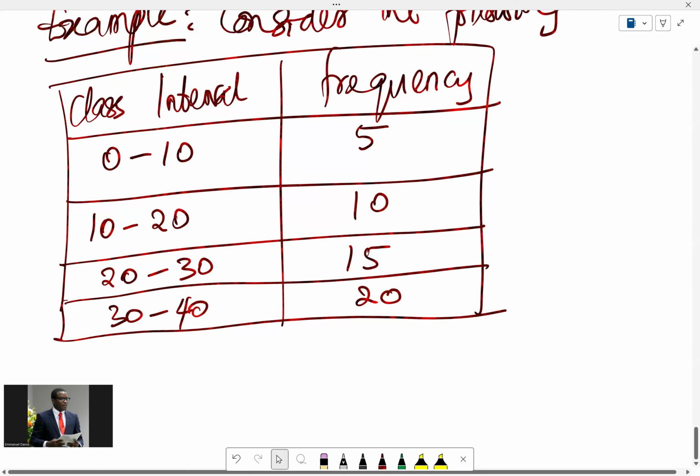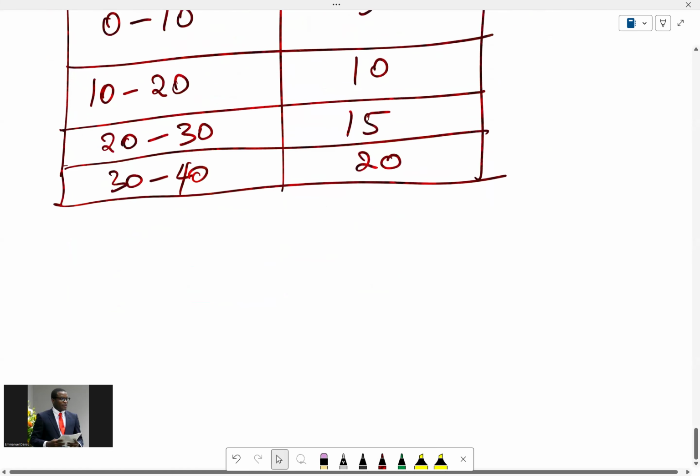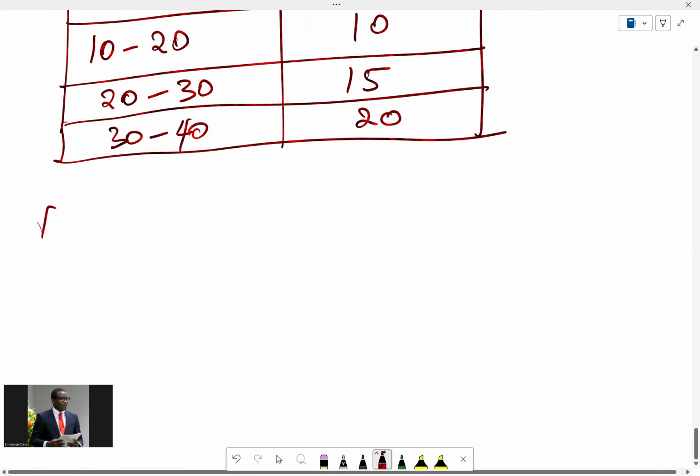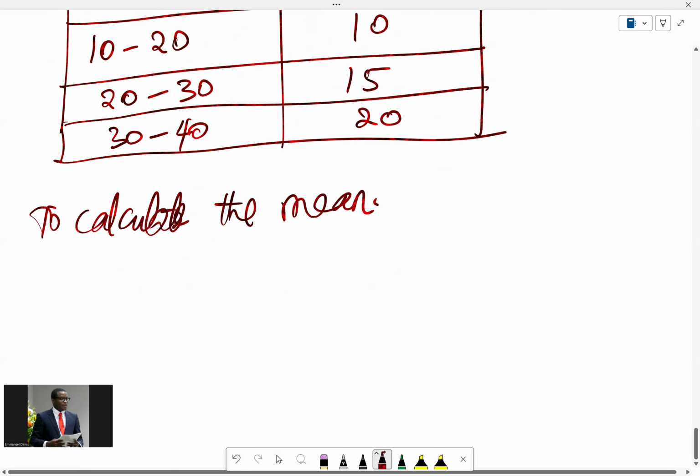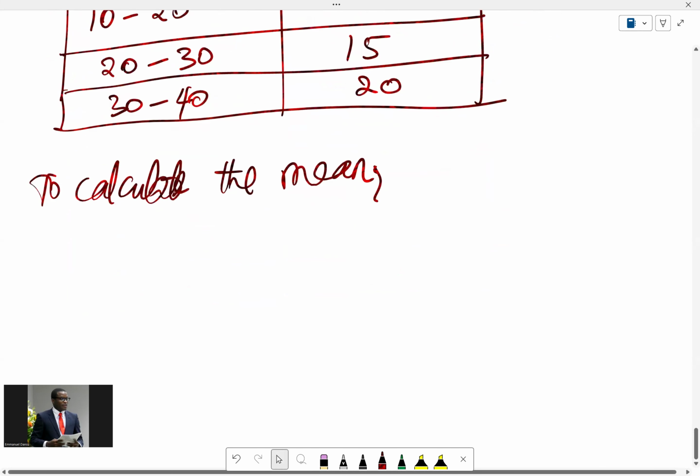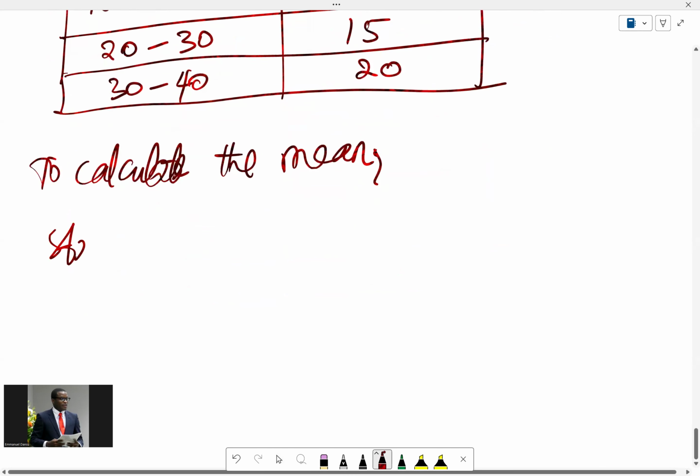Okay. So to calculate the mean in this case, it takes some steps.